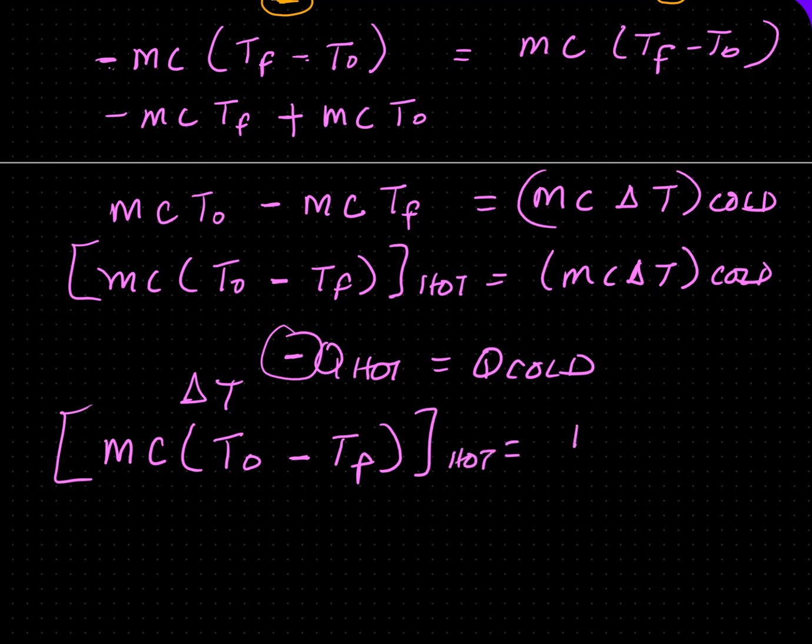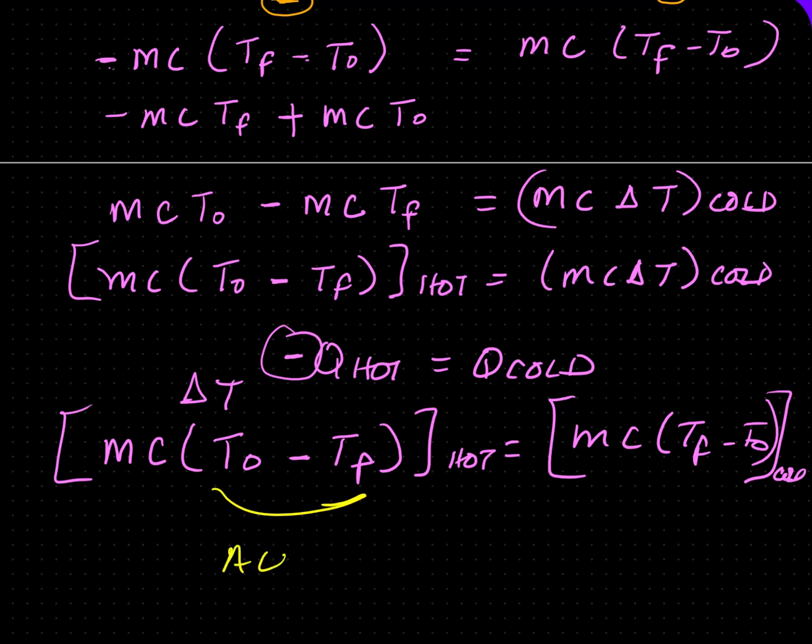And for the cold side, it is going to stay as final minus initial. This is my cold side. And this right here will account for the negative sign. If you choose to write T final minus T initial, make sure you distribute the negative to both the T final and the T naught.